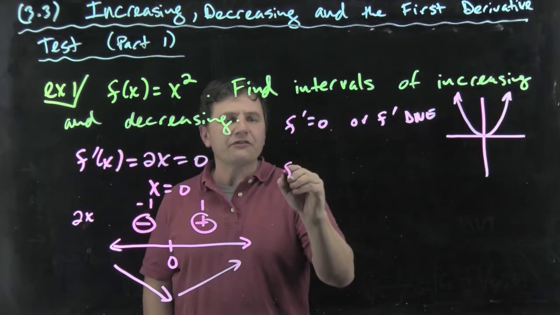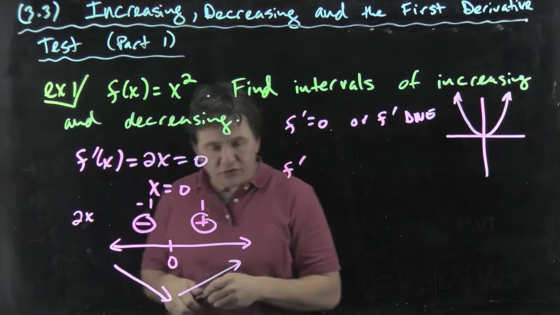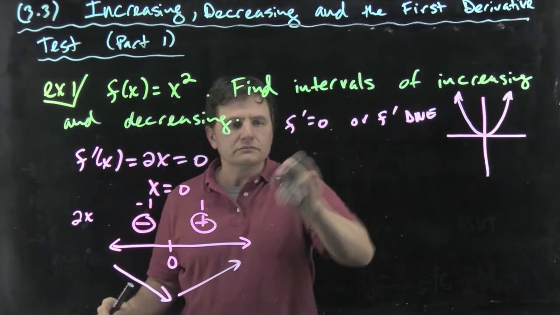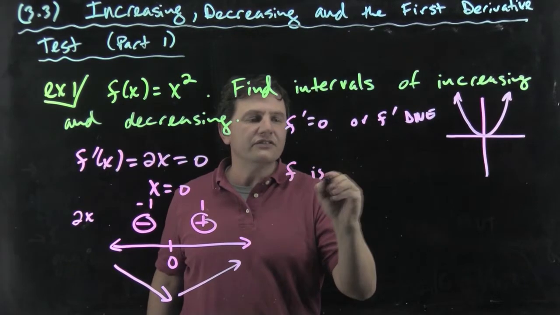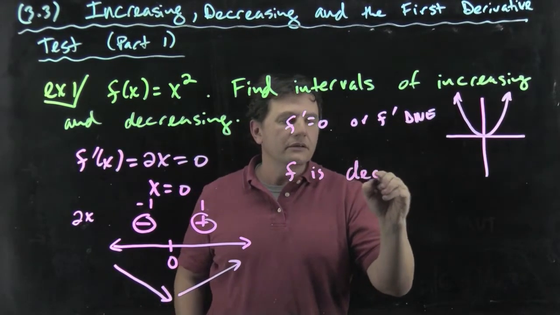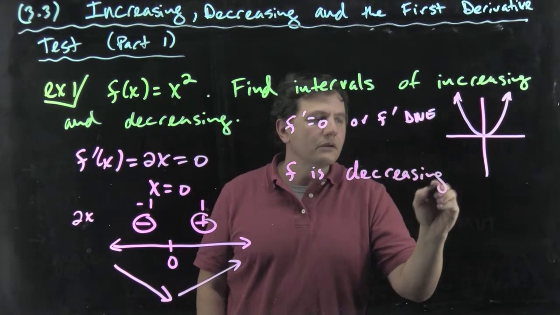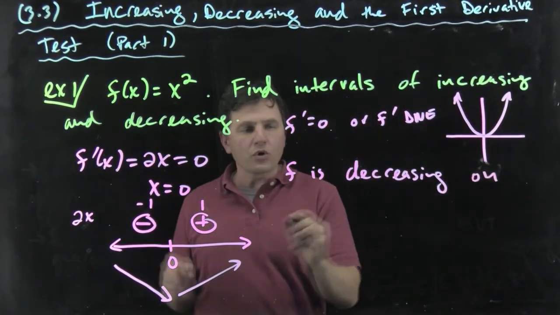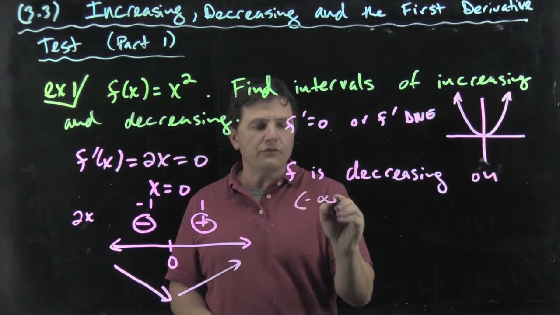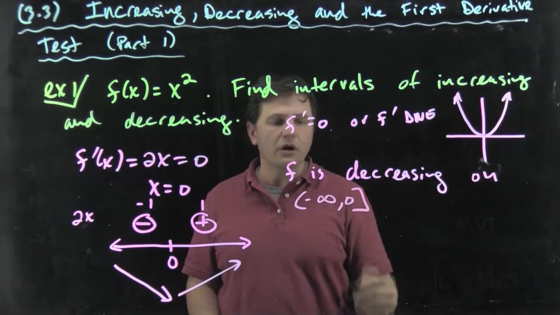So we would say f is decreasing on, and we're going to go with the stronger statement here, -infinity to 0, including the 0.